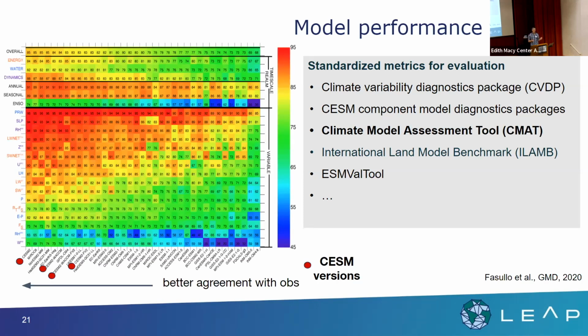But here is one thing we were doing during the development cycle of CSM2. John Fasulo at NCAR had built this package called the Climate Model Assessment Tool, which is similar in some ways to a tool built in Europe called the ESM-BAL tool. You won't be able to see any of this, but basically it's another color-coded display where the y-axis shows different large-scale variables that we want to track, like precipitation, temperature, winds, gradients, ENSO diagnostics.